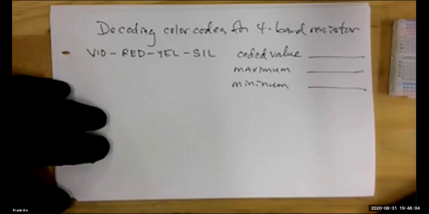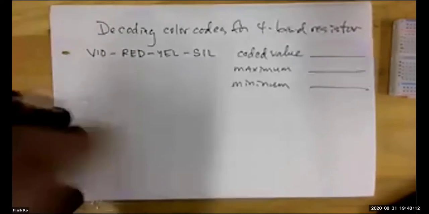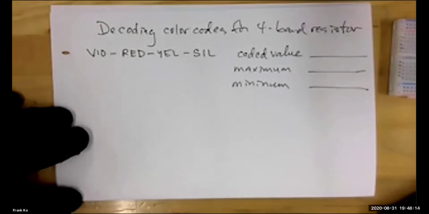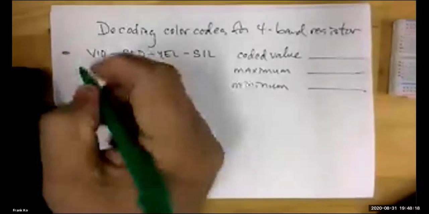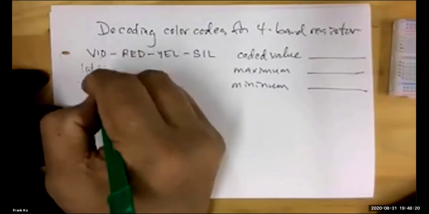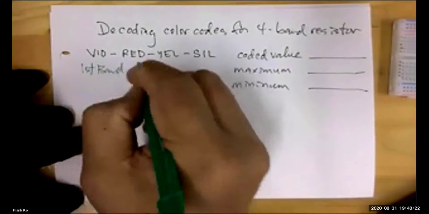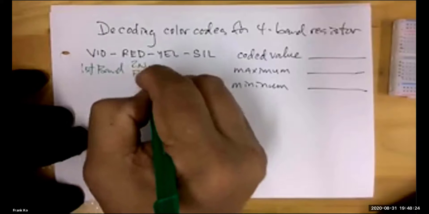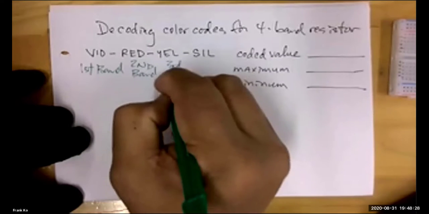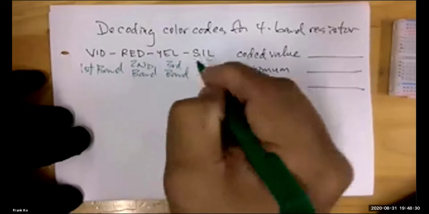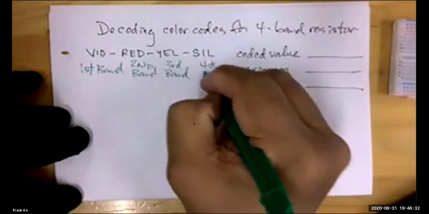So you pull that out, and each color band in its position has a very specific meaning. All right, so what are those meanings? So we have a first band, a second band, a third band, and a fourth band.